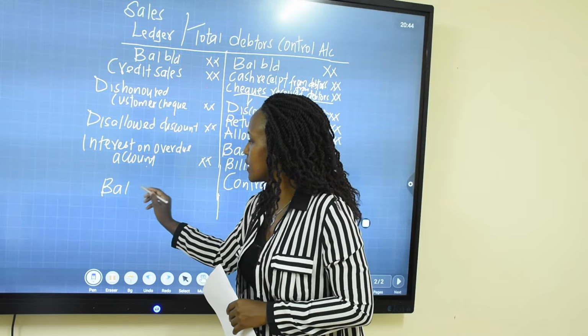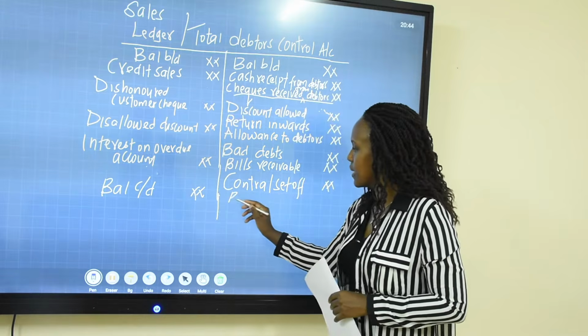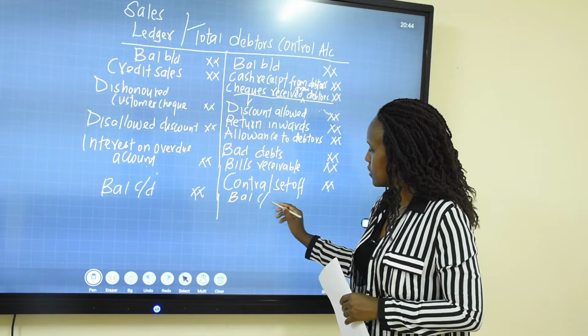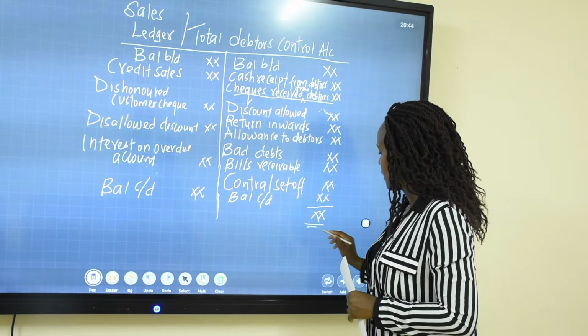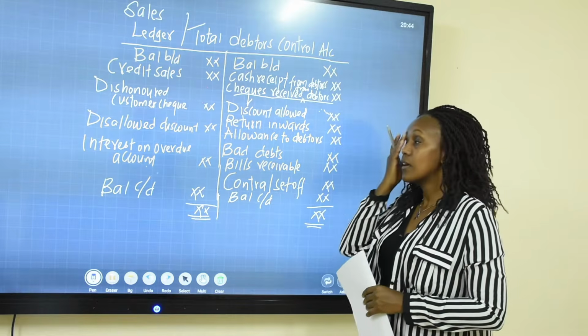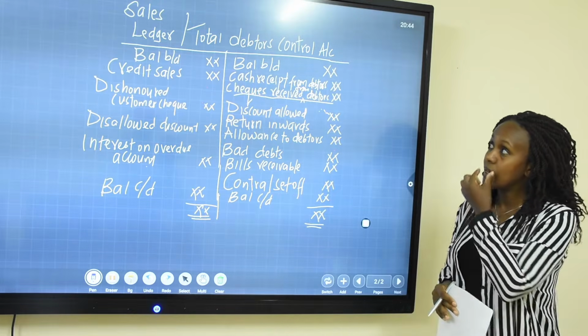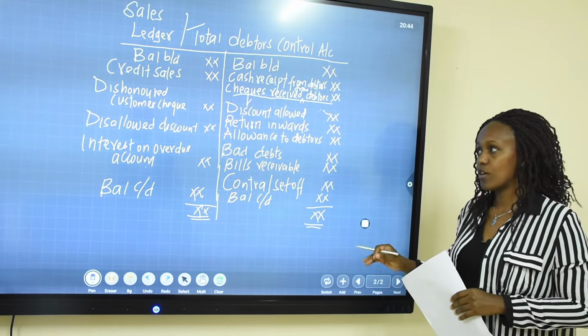You're going to have the balance carried down here, and then you're going to have the balance carried down there. We are going to see how we put the balances as we do our question. But simply that is how you prepare a total debtors control account or a sales ledger control account.